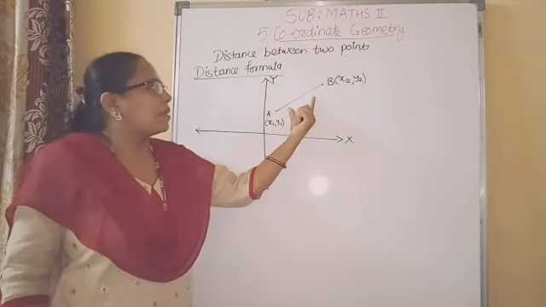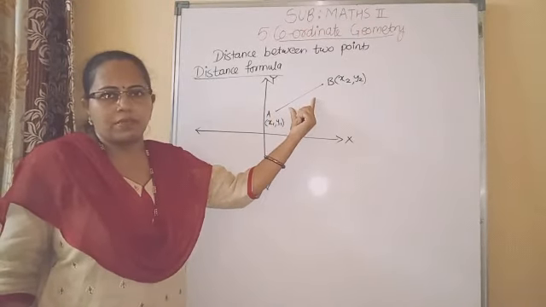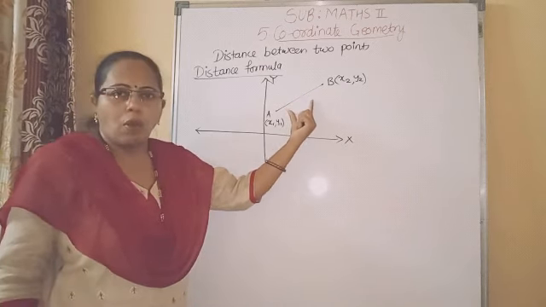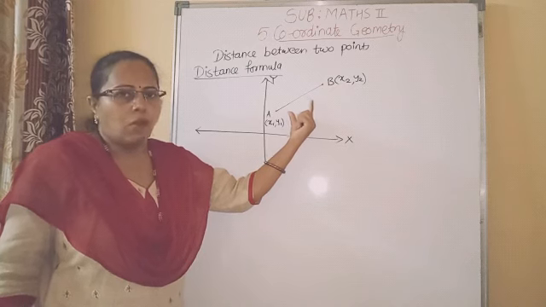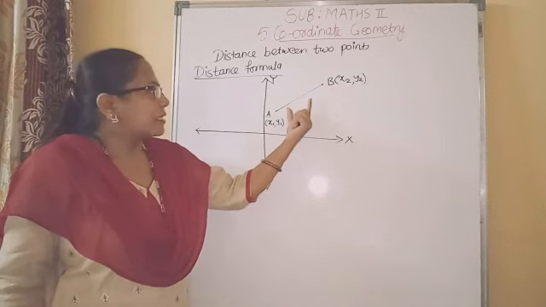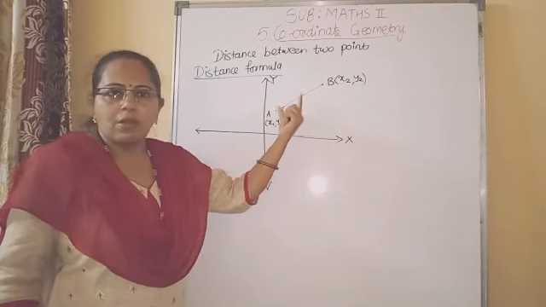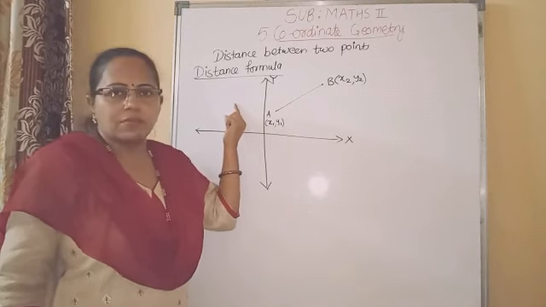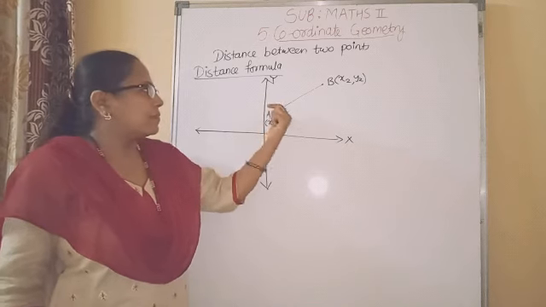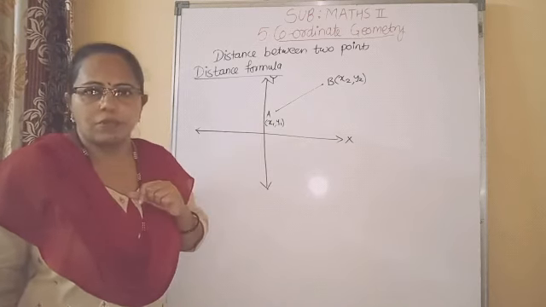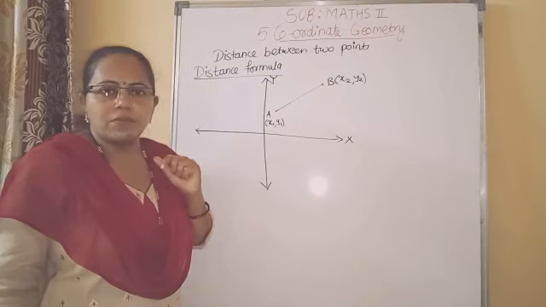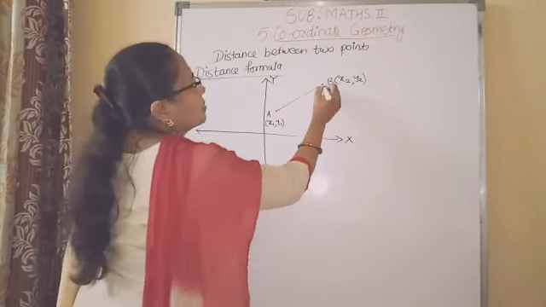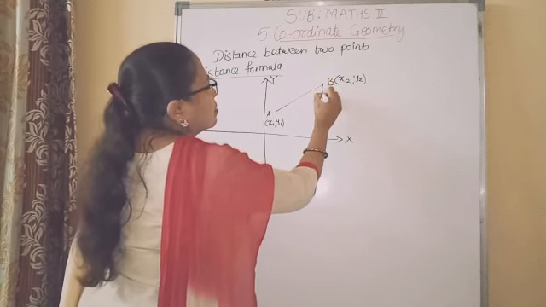Now we have to find out the distance between these 2 points. We can see that these points are not on the x-axis or y-axis, and the segment joining them is not parallel to the x-axis or the y-axis. Now how to find out the distance between these 2 points? Students, what we will do is draw perpendicular lines from these points to the x-axis.